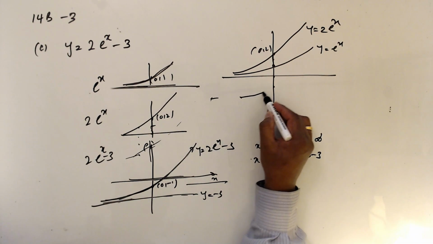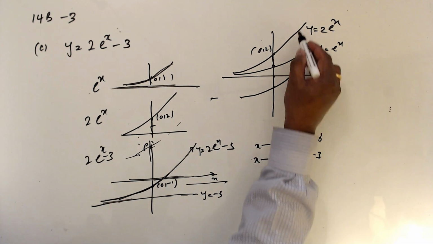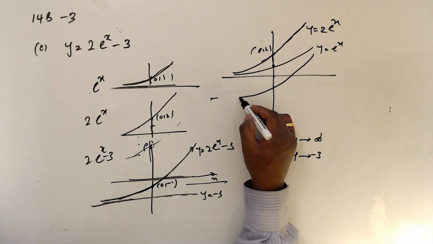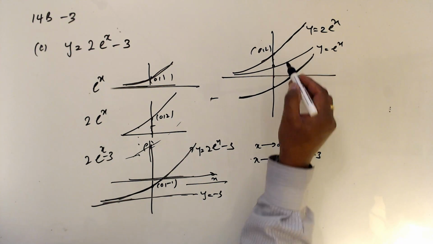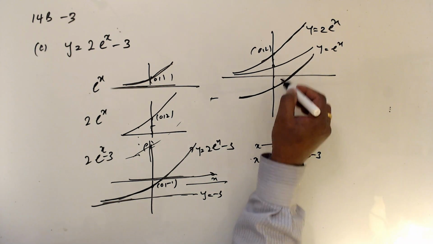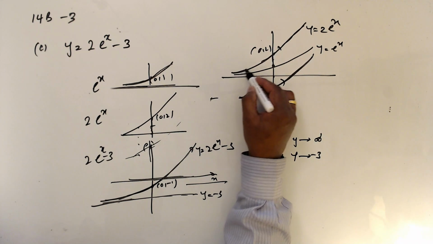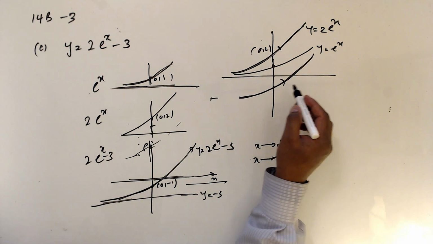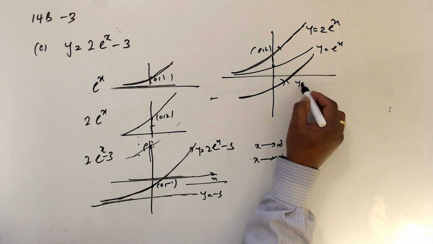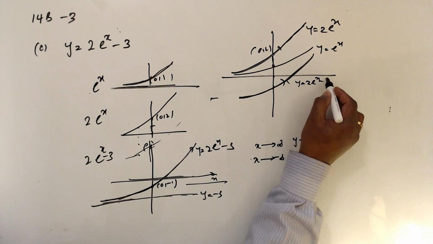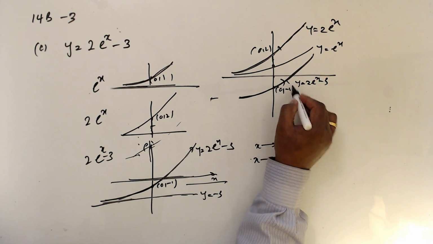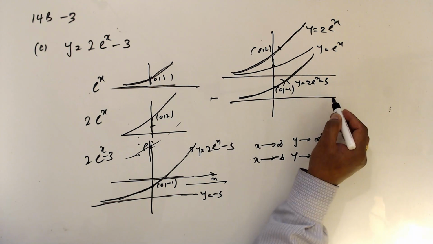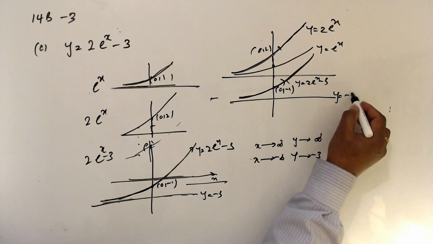So these two should be parallel. So this is y equals 2e^x minus 3. So this is (0, -1). And this is the y equals minus 3 line.